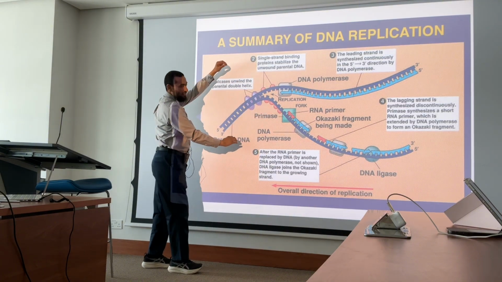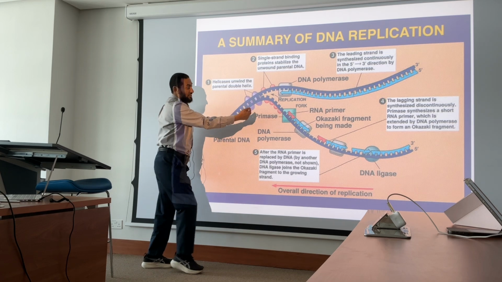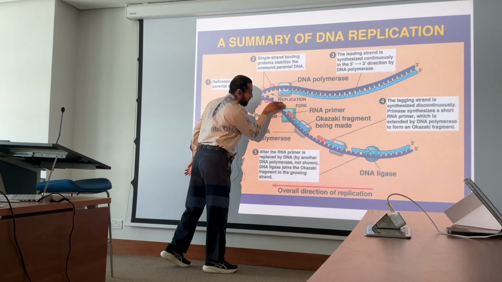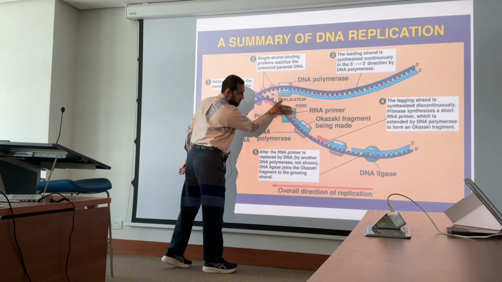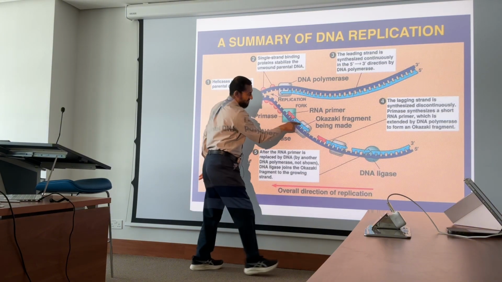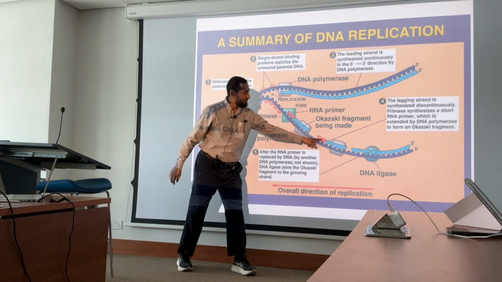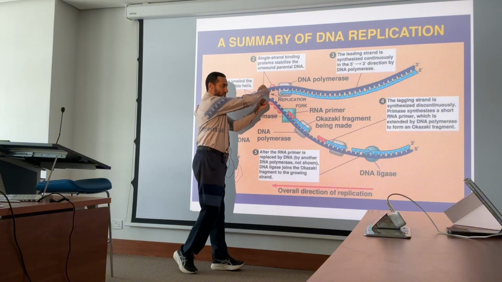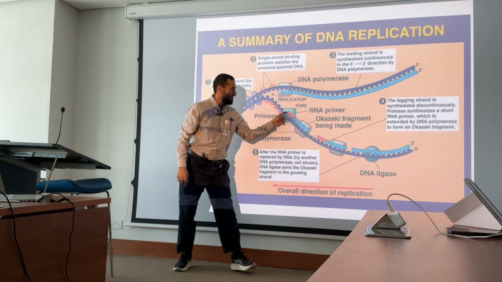When you separate further, you need another primer here. Because the polymerase will not work in this direction, which is 3 to 5. It will work always 5 to 3. This is why we have multiple primers. Every now and then we need new primers when we separate. This is lagging strand.